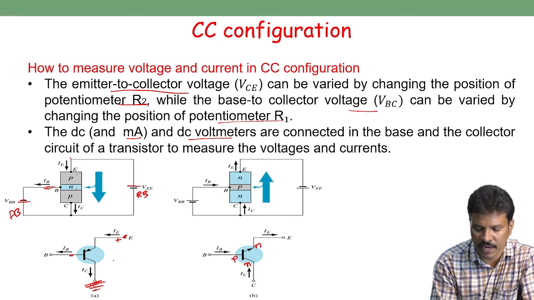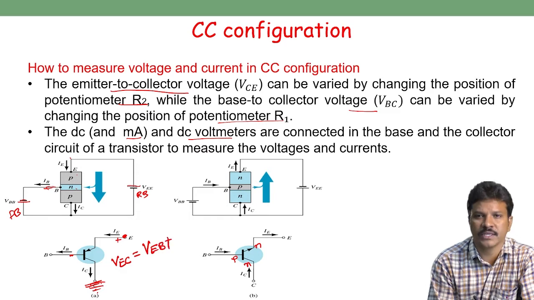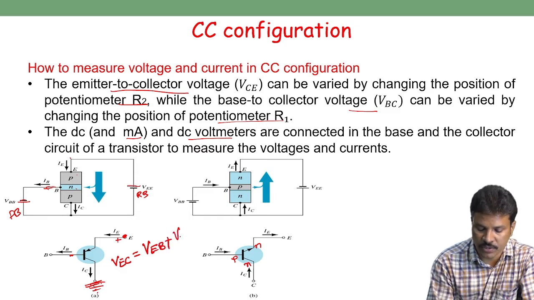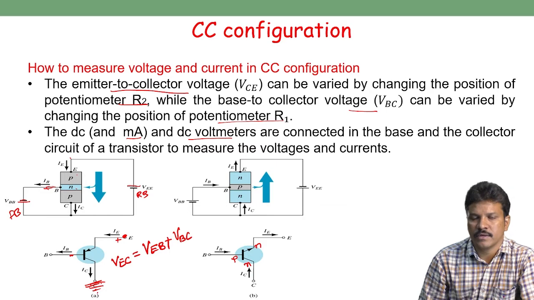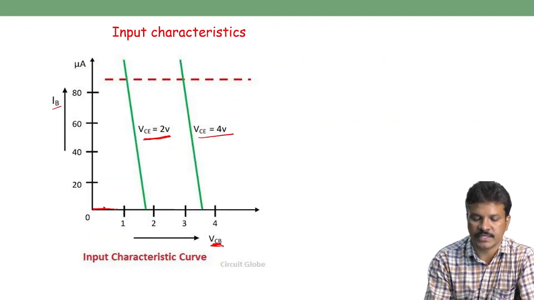Mathematically, VEC, the voltage from emitter point to ground, is equal to emitter to base plus base to collector.